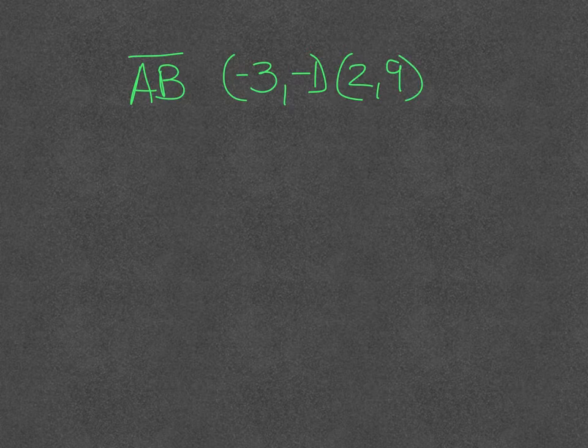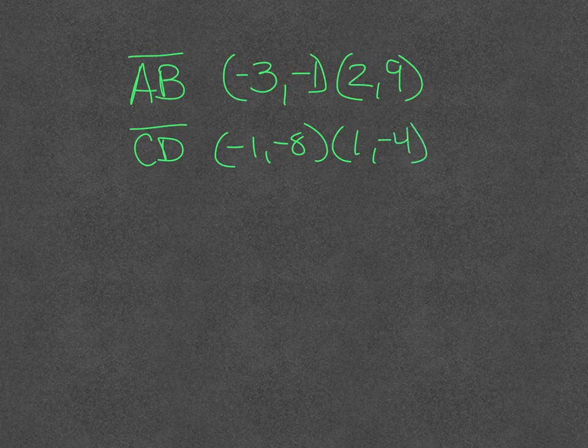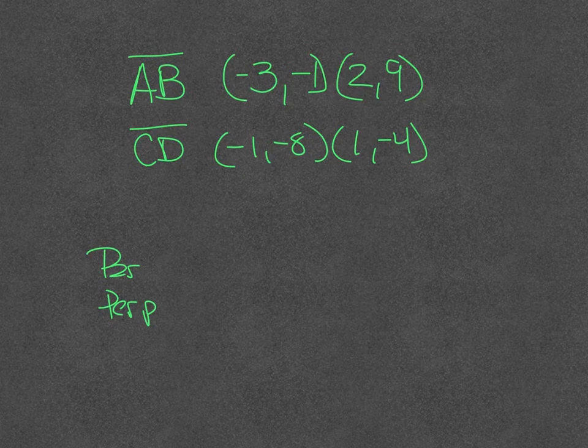All right, and then I have line segment CD, and we have the points (-1, -8) and (1, -4). All right, and I want to know, is it parallel, perpendicular, or neither of them?